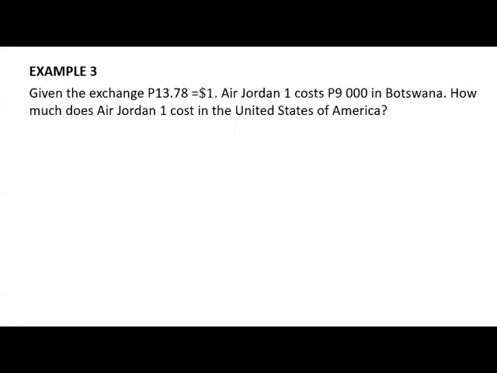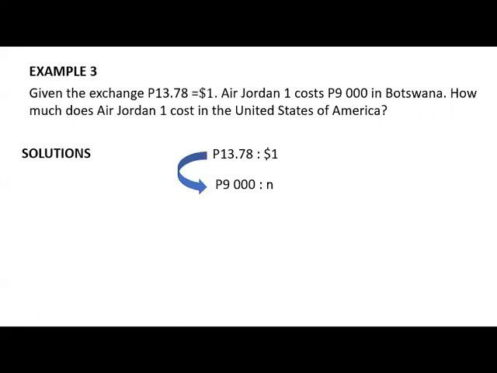Now, given the exchange rate, which is Pula, is 13 rand 78 to the dollar, an Air Jordan costs 9,000 Pulas in Botswana. How much does an Air Jordan 1 cost in the United States of America? So I will write that as a ratio. It's Pula is to dollar, so I'll say 9,000 divided by 13.78.